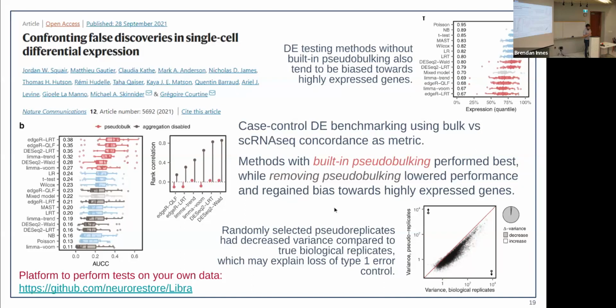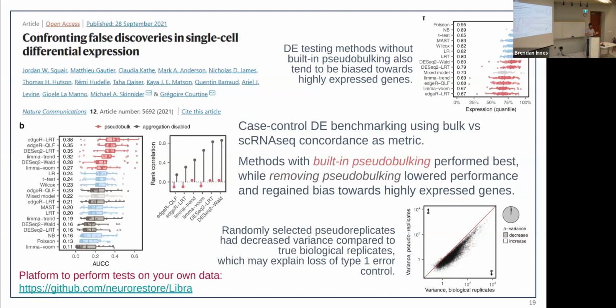The other neat thing they noticed is that you can't get away with faking replicates. So they tried this concept of just, okay, we don't know which cell came from which replicate, which I'm going to talk about more because that is the problem with this very obvious solution. But maybe we can just randomly make replicates.